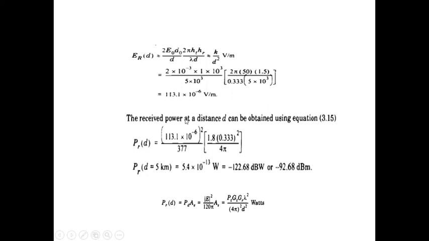Now what will be the received power? The received power you can find out by the equation E square by eta AE. So this is the E square. This particular value we have to square, divided by eta. Here 377 is taken for the value of eta, and AE is the effective aperture. Instead of effective aperture, we can replace it with GR lambda square by 4 pi.